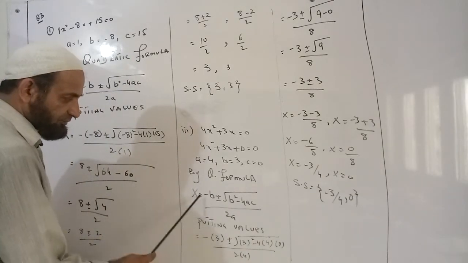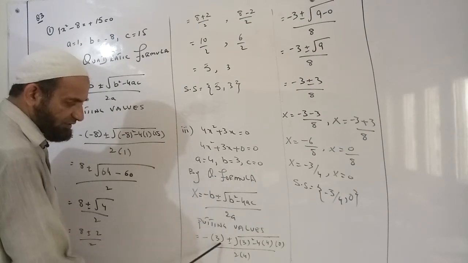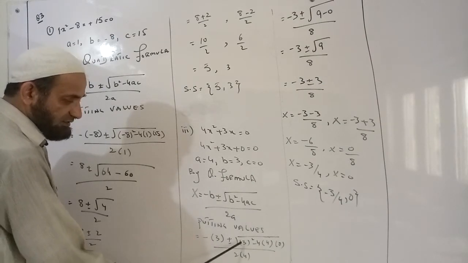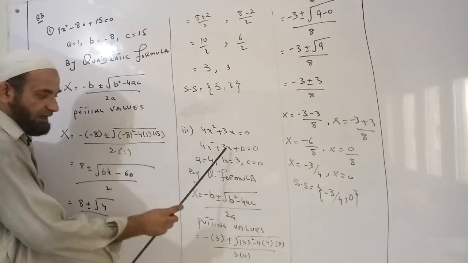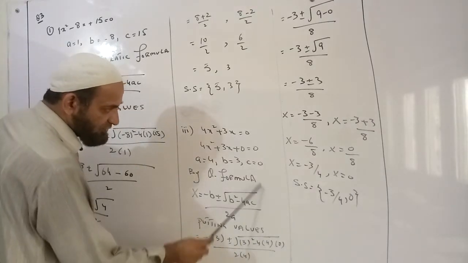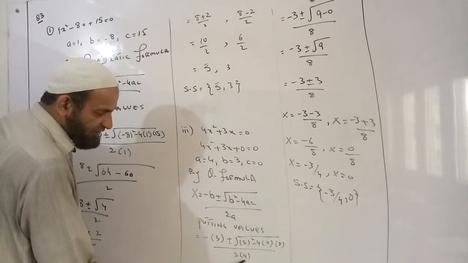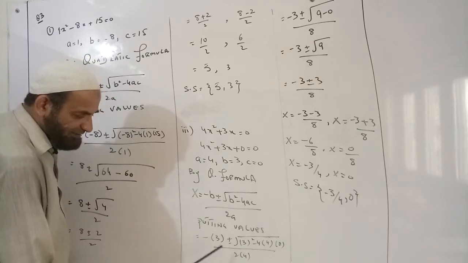Putting in the values: x equal to minus the value of b, which is 3, I put it here, plus minus the square root of 3 square minus 4, the value of a is 4, the value of c is 0, divided by 2a, where a is 4. Now we open the bracket.